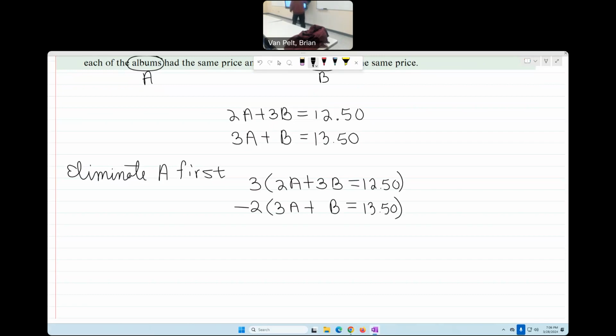All right, so the first equation, I'm going to get 6A plus 9B. Three times 12.50 is 37.50.